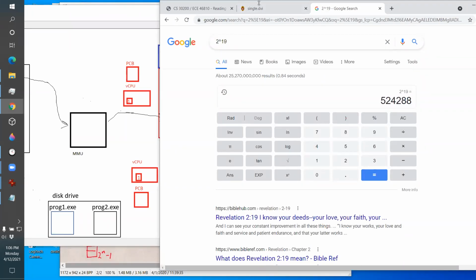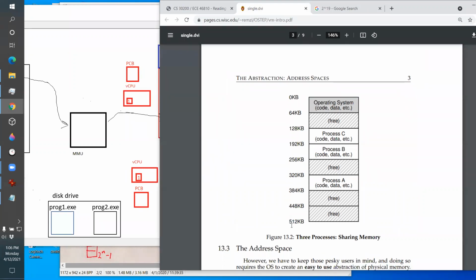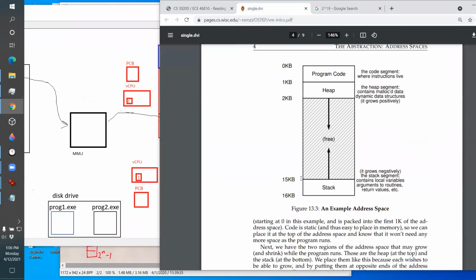So in his example, it's worth thinking about what he's doing here. This would be 19 bits of addresses to give you this, and then his virtual addresses are 14 bits. So the virtual address space is smaller than the physical address space.